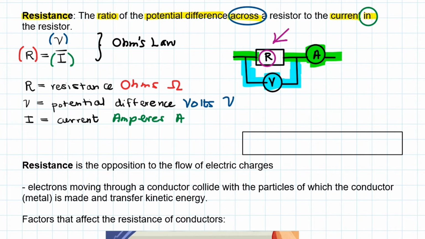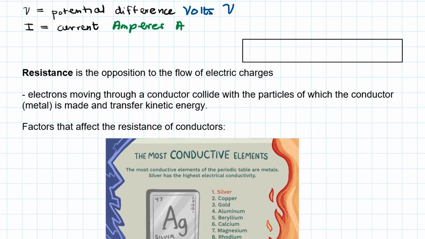Then we can divide the potential difference across it by the current through it, and we will be able to obtain its resistance. Now, this definition can be a bit confusing, so let's look at a different definition.